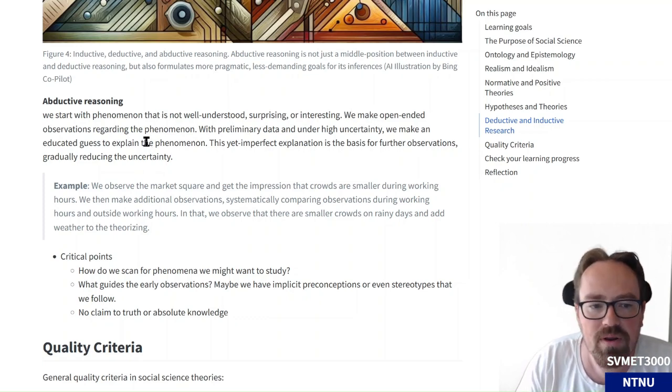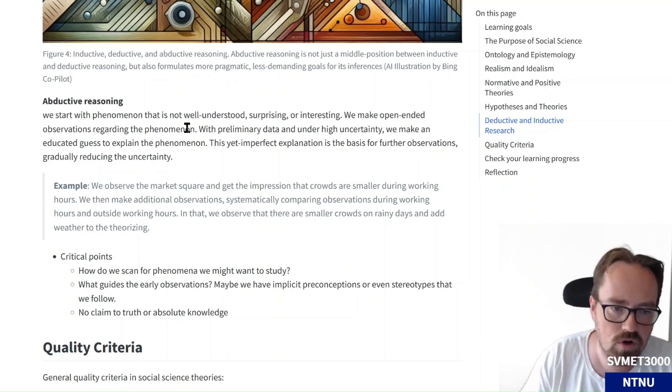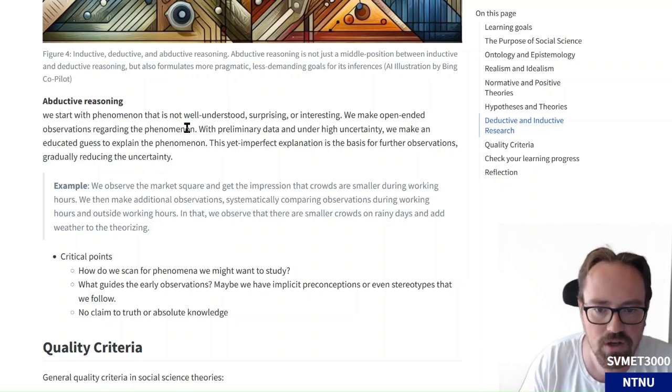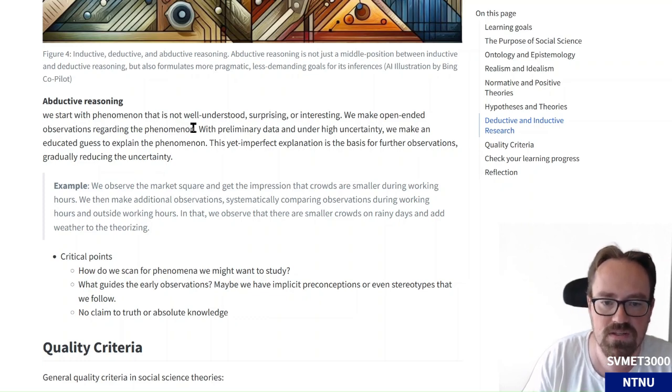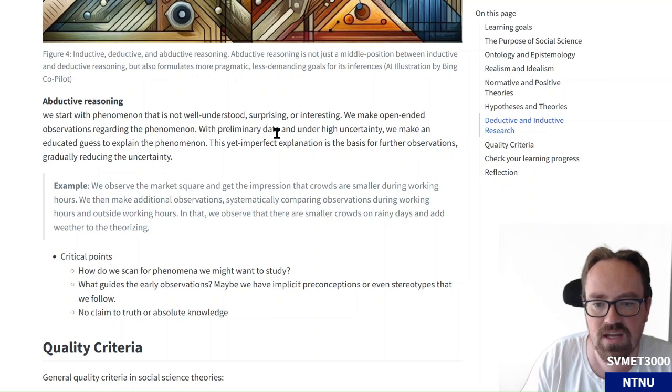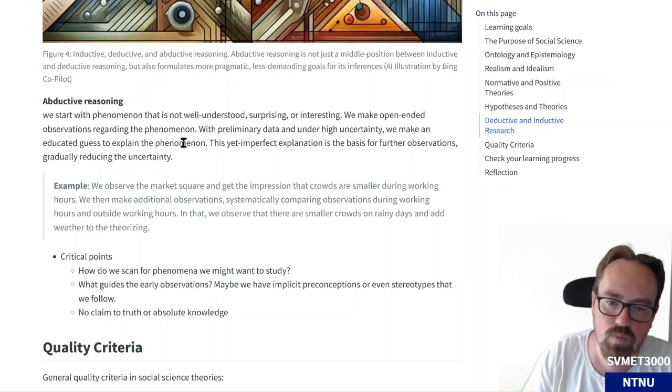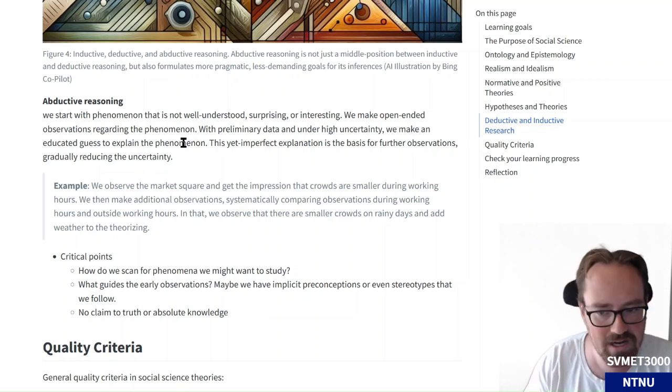But we make open-ended observations regarding this phenomenon. We don't impose strong theoretical notions on it as we would in deductive reasoning. And with preliminary data and under high uncertainty, we make an educated guess to explain the phenomenon. So we have preliminary data, highly uncertain.